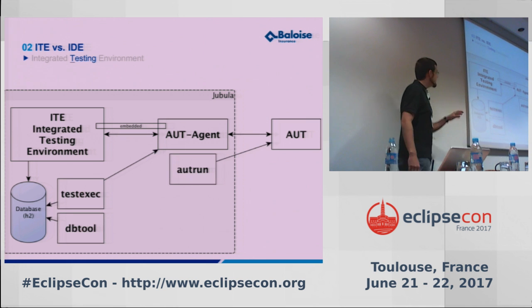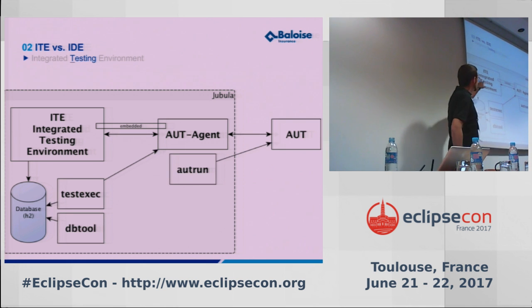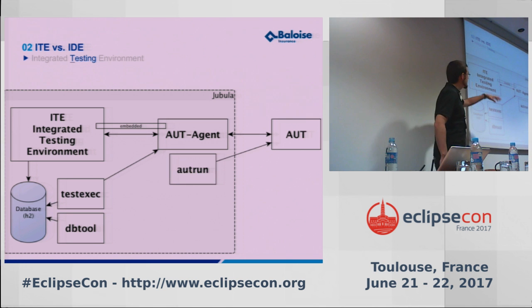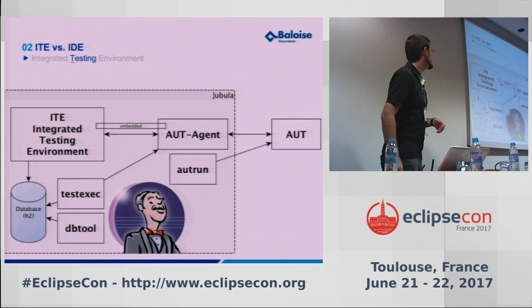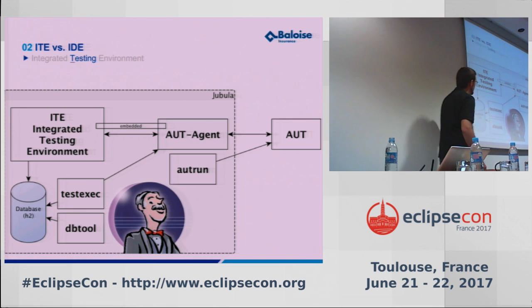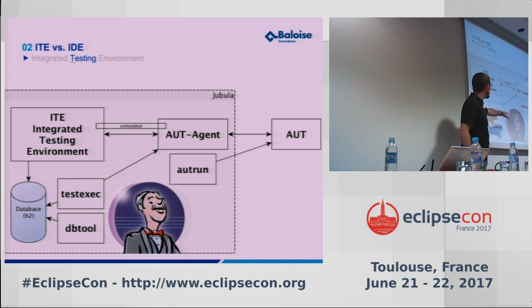And the ITE, and this is why we called it ITE for Jubula, also comes with a set of different tools, mostly meant for continuous integration purposes. There's a tool called AUT Run Test Executor. They're basically meant to drive your test execution headlessly, from an arbitrary continuous integration tool.